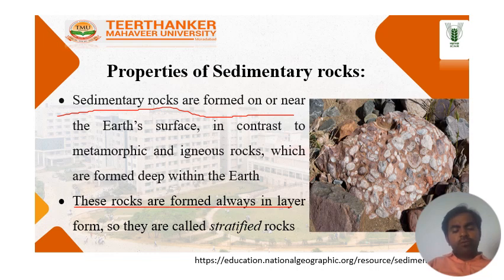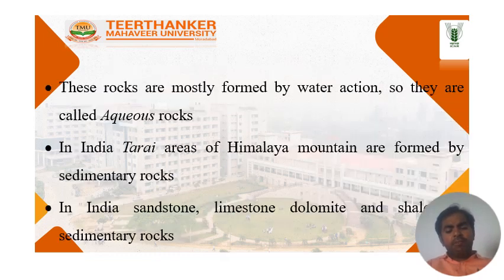Because they are found in layers, they are called stratified rocks. You saw this in the first picture. Next, these rocks are mostly formed by the action of water, so they are also known as aqueous rocks, because aqua means water.